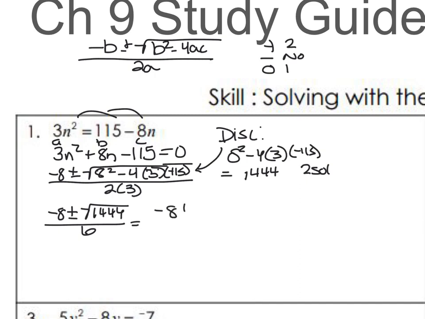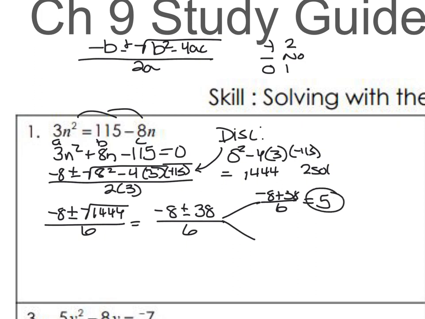So square root of 1,444 is 38. So this is going to break off into 2 separate solutions. Negative 8 plus 38 over 6, which is 5. And negative 8 minus 38 divided by 6, which is going to be negative 7.67. So there's your 2 solutions.